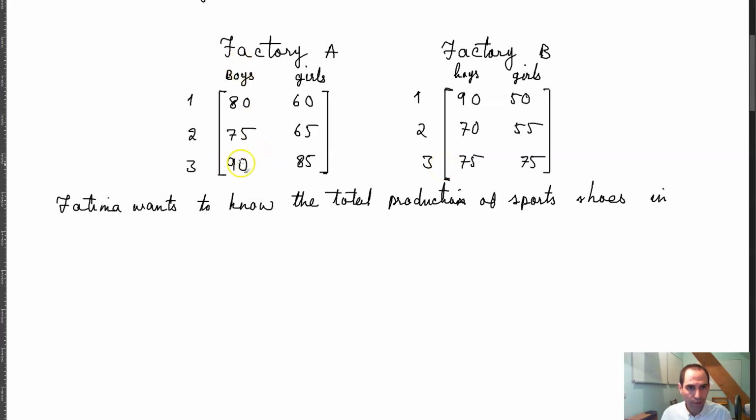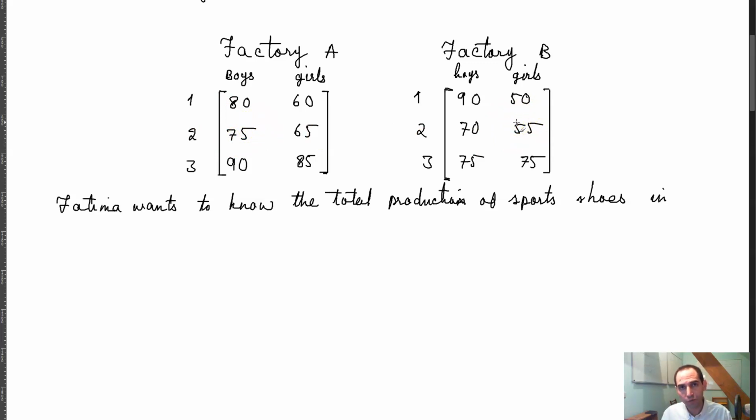Meaning that, for example, 90 represents the production of sports shoes for boys at factory A in price category 3. And here, for example, 75 represents the production of sports shoes for boys in the same price category at factory B. But of course, I'm not supposed to add 75 here to 55 here, because they have nothing in common.